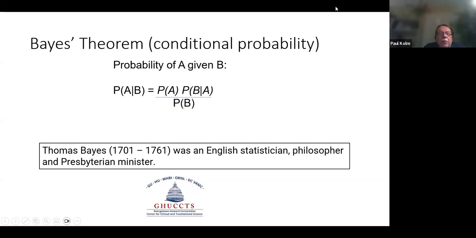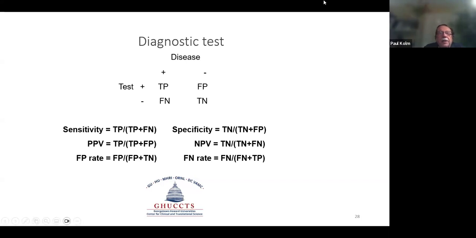As probably most everyone knows, Bayes was an English statistician and actually a minister that developed this formula.